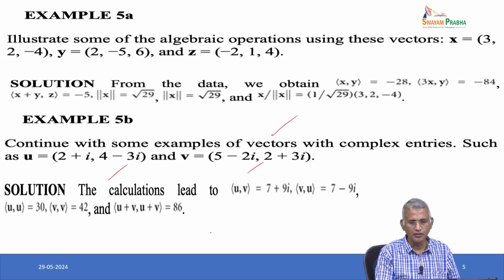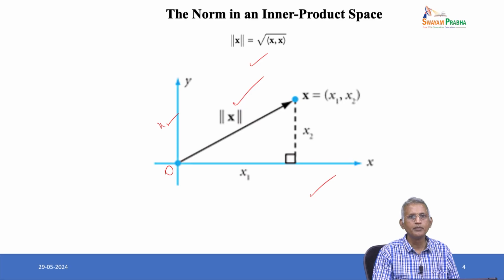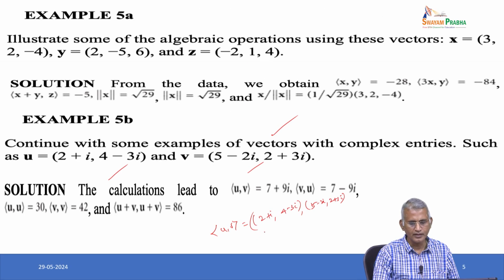So the inner product u comma v is 2 plus i comma 4 minus 3i with v, which is 5 minus 2i comma 2 plus 3i. Simply multiply them: 2 plus i into 5 minus 2i plus 4 minus 3i into 2 plus 3i. This is what we have to calculate.